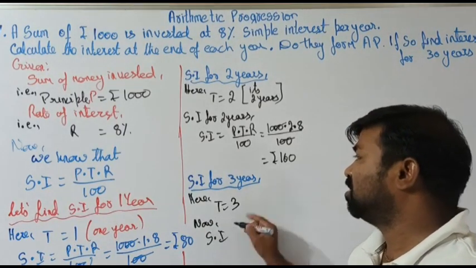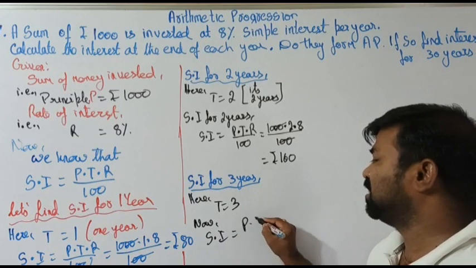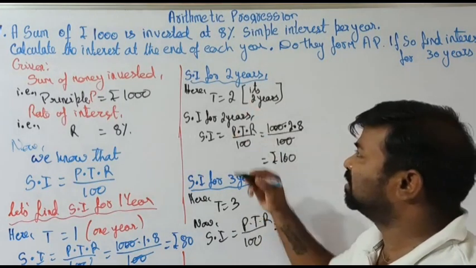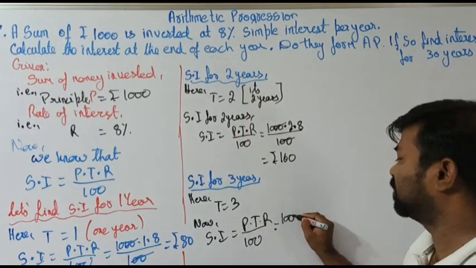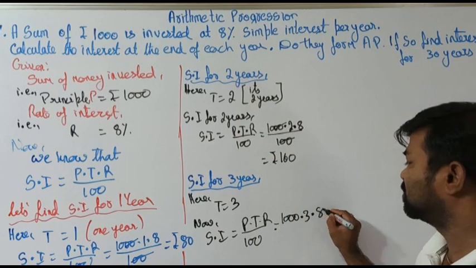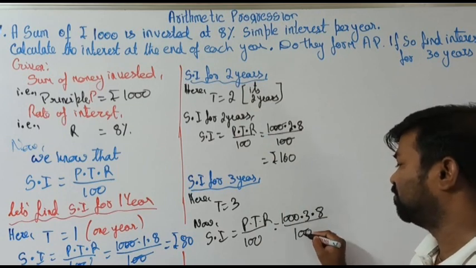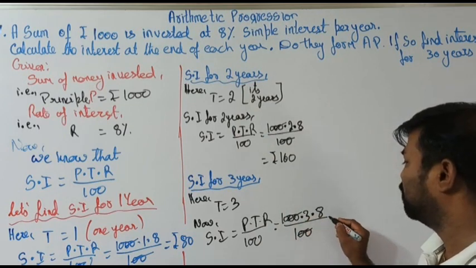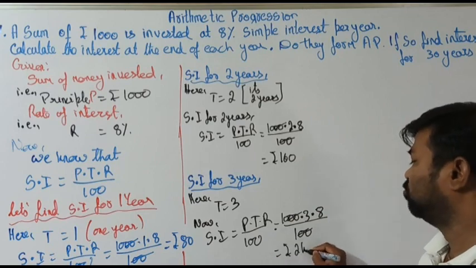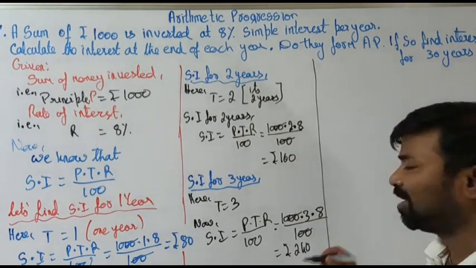Simple interest for 3 years is PTR by 100. Let us plug in: P is the same 1000, into time period 3, into rate of interest 8, divided by 100. If you multiply and cancel out, it's rupees 240.